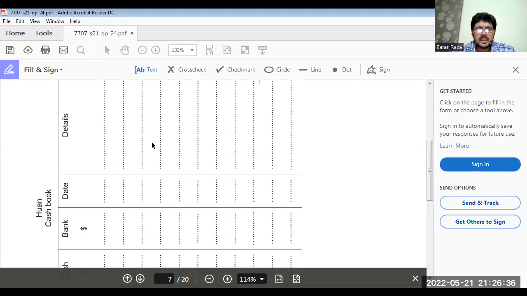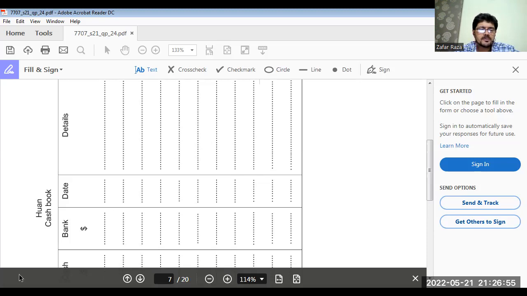So allow me to do one thing. I'll make the cash book on Word using my Word document. It would be okay for you, I think. Because I don't know how to get this.